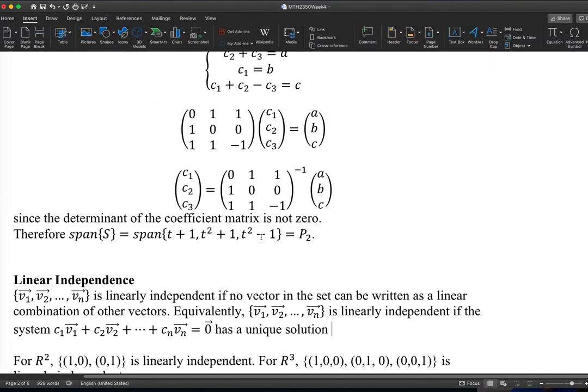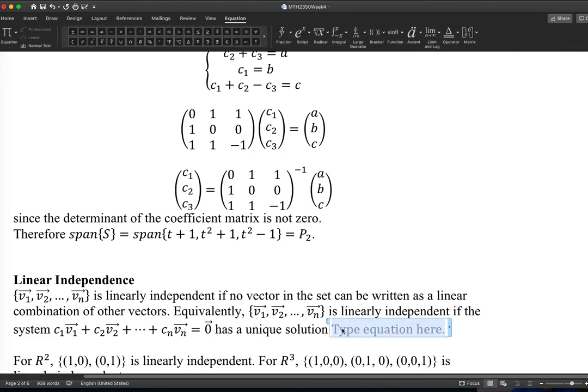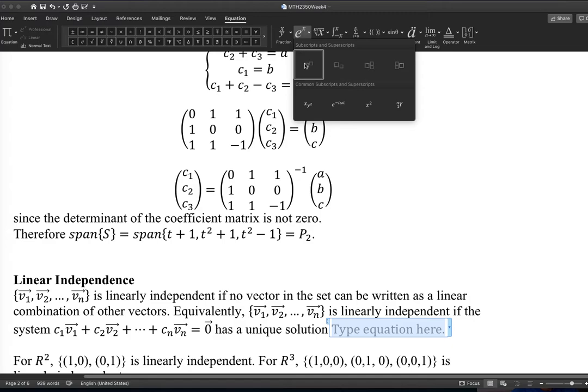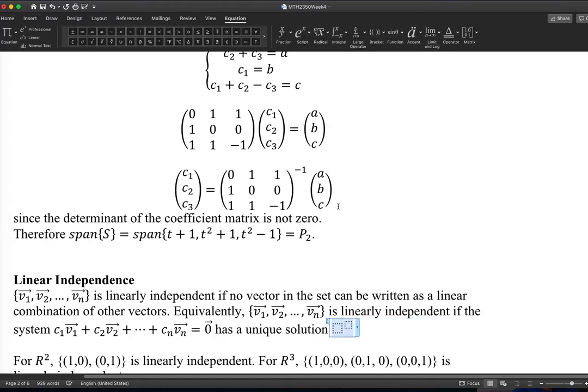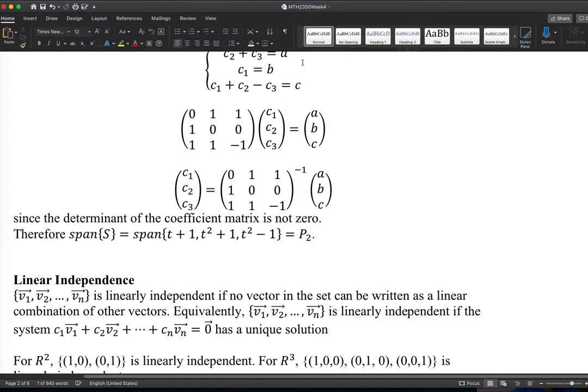I'm trying to see if I can fill in those details quickly. It should be this part. No, I don't need this. I need this.